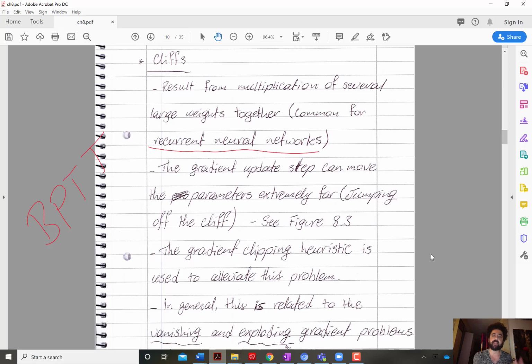So raising the same weight parameter to a certain power. Now, what that does is that it makes sudden changes around the unity value.